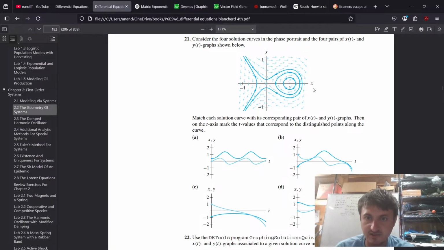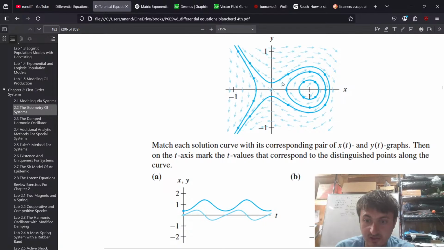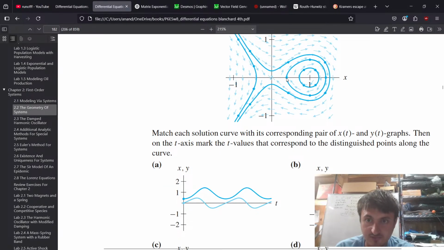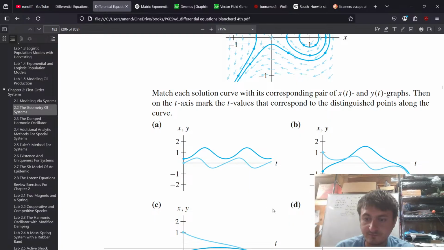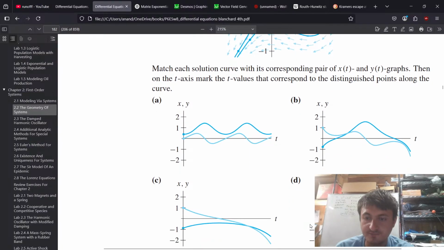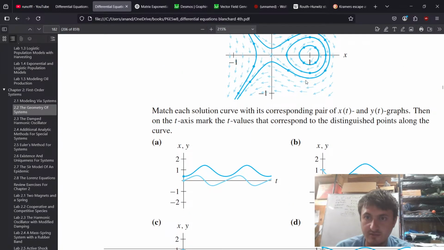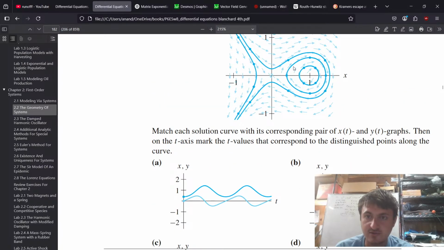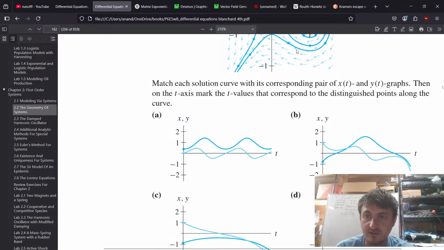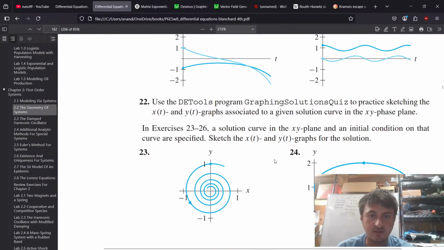B is going to be this one that goes out and around. But we want to figure out, so if we're starting like here or something, y is 0. Y is 0 there too. But then where does y get bigger on this one, right? So that means this one's that one, and this one is that one. Okay, 21's done. 23.